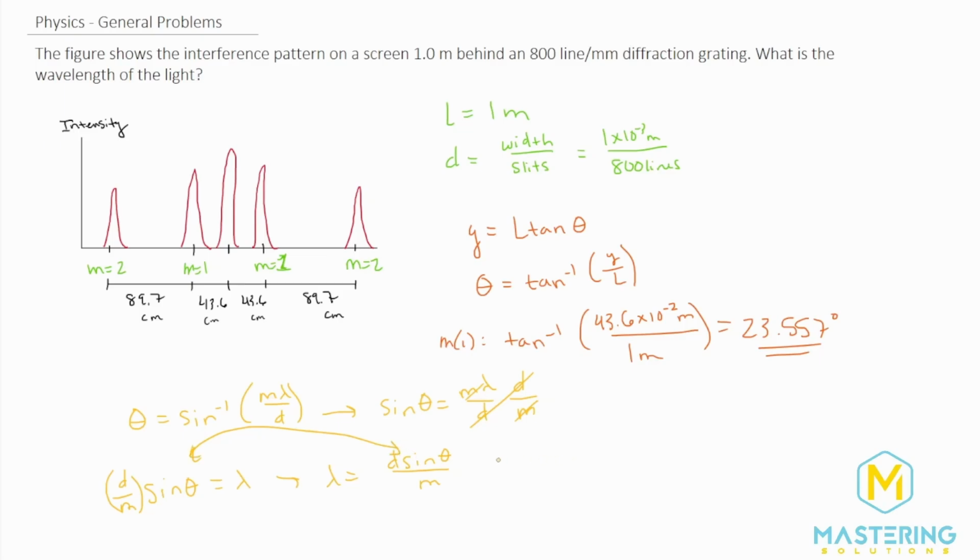Let's plug in our values for the wavelength. We'll use m of 1 at first. Our d, the slit spacing, is 1 times 10 to the negative 3 meters over 800 slits. We multiply that by sine of 23.557, and all of that is over m, which in this case is 1, of course.